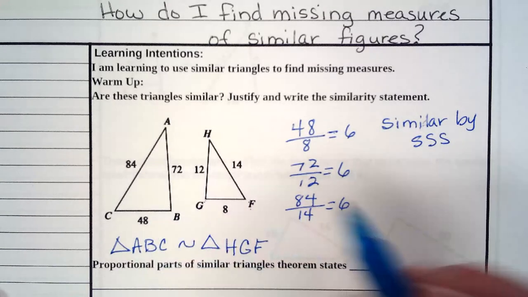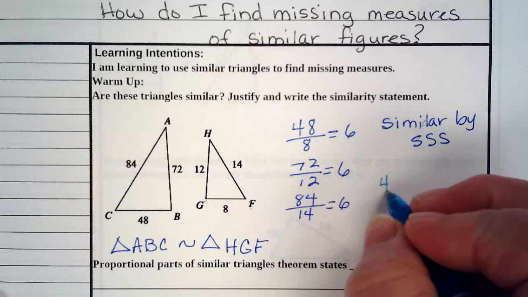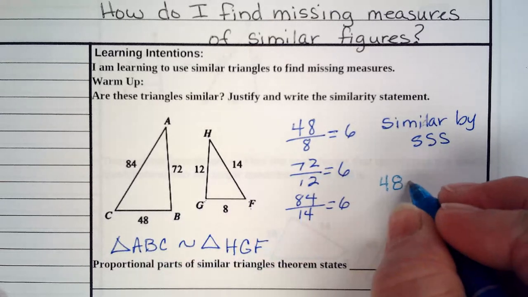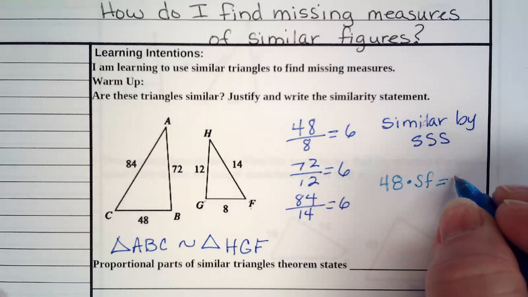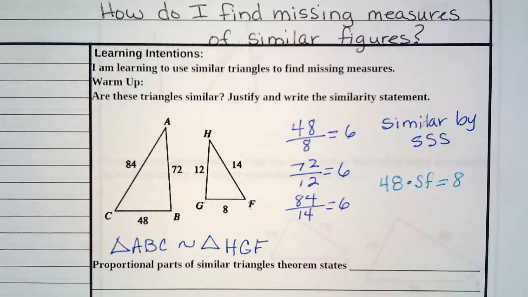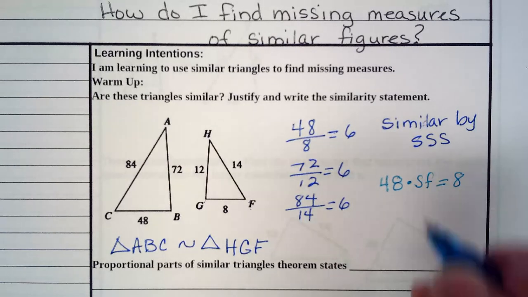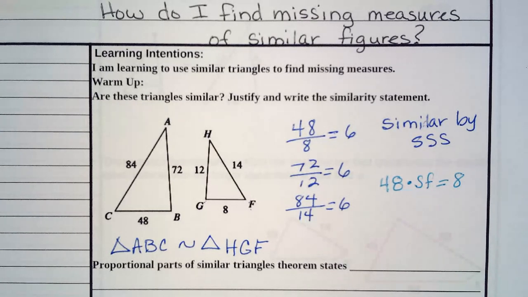So if I choose 48 times my scale factor is equal to 8. Divide both sides by 48.